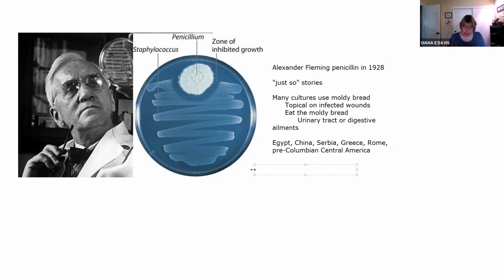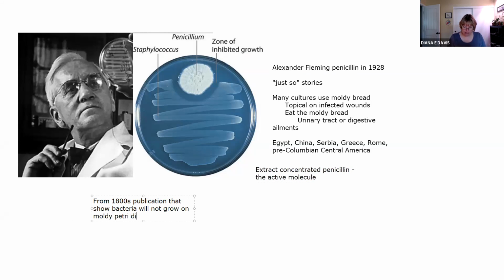What Fleming did with his work was allow us to extract concentrated penicillin, the active molecule that caused the inhibition of growth. Fleming did this in 1928, but from the 1800s, there are publications that show bacteria will not grow on moldy petri dishes.